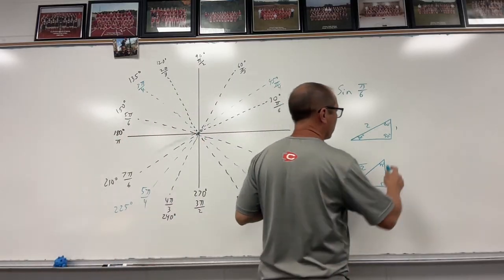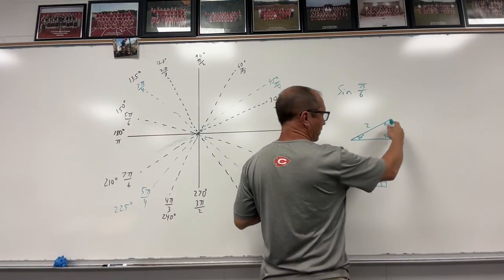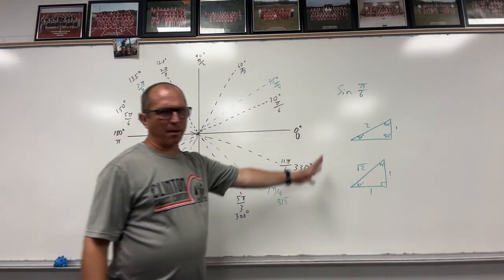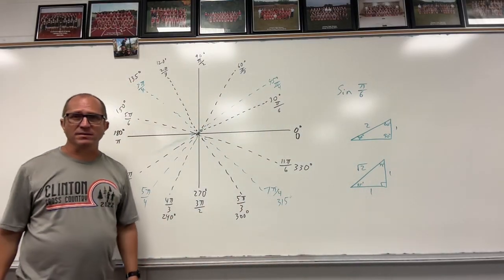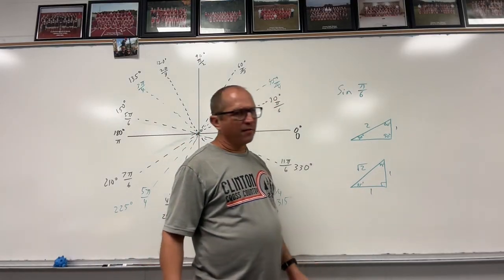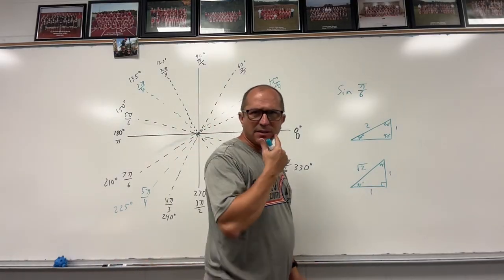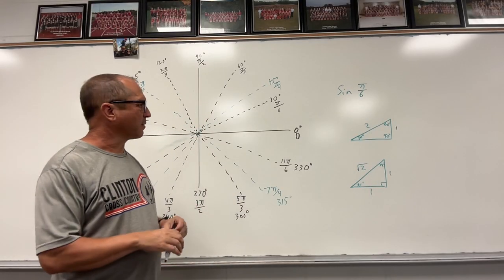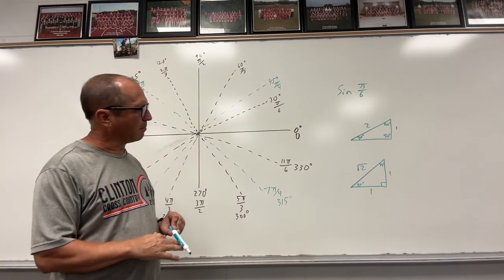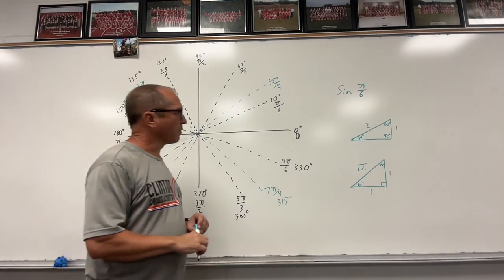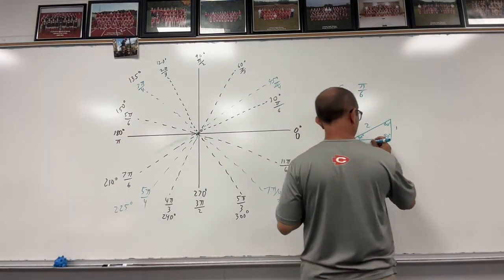Also, when you think about both special triangles in common, 3 of the 4 legs have a 1 with it. The only thing that's missing is, and I'm hoping some of you are trying to play along as I'm going through it, so if you can try to remember it, that's great. I'll give you a second. But if you don't remember it, it's the square root of 3.